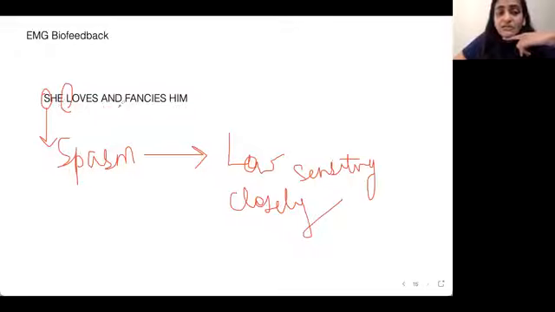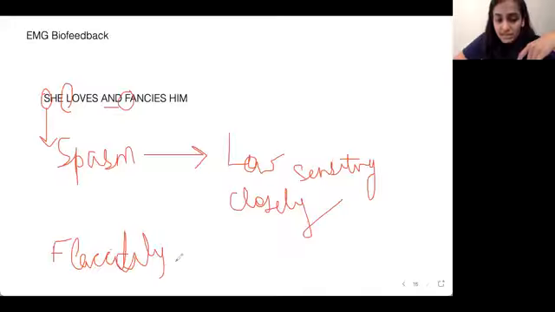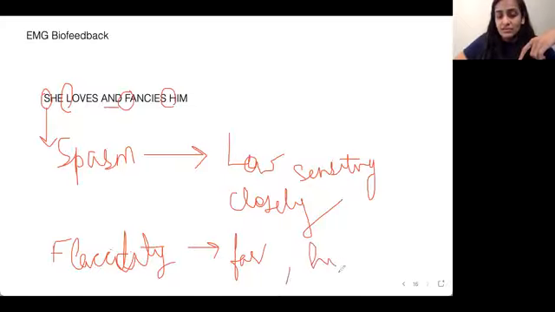Now the other is "and fancies him." The F stands for flaccidity. You can also say flaccidity and far, FF: flaccidity, also far placement. So the electrodes are going to be far placed. What is going to happen to the sensitivity? Him, H. So it's going to be high sensitivity. This is the first thing you want to remember in your EMG biofeedback.